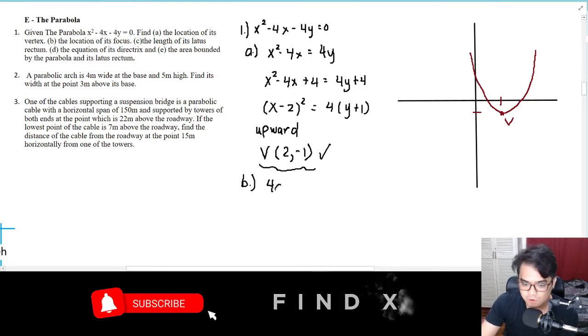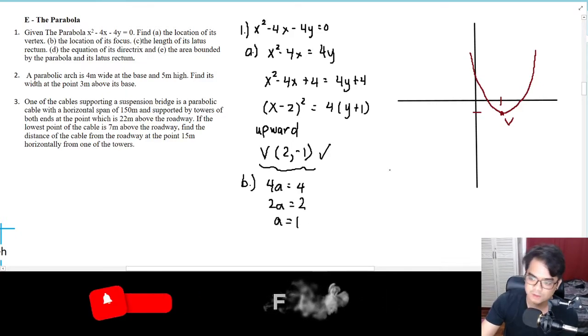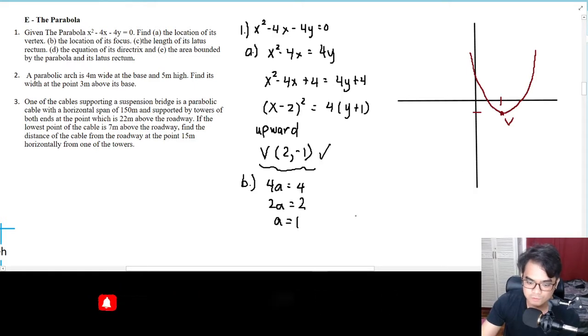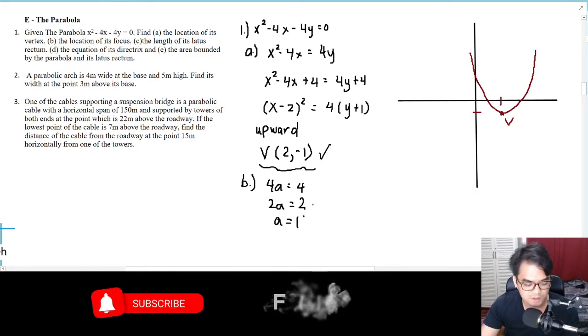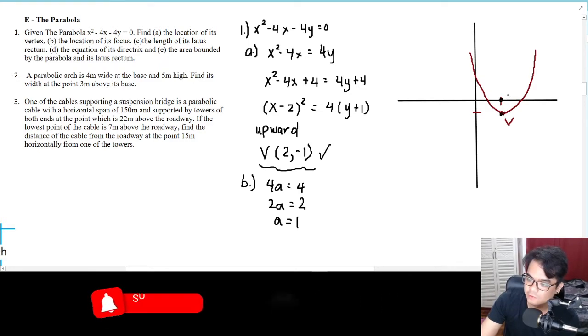Therefore, your 4A is equal to 4, 2A is equal to 2, and then A is equal to 1. So to find the location of focus, the distance from the vertex to focus is 1. Okay, so therefore, if this is your vertex, move up 1, this is your focus. Okay?